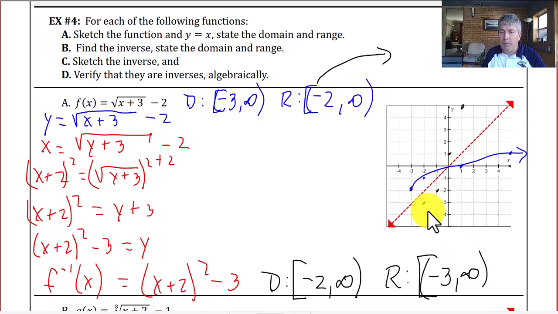So flipping my x and y coordinates, I'm only going to graph the right-hand half of this parabola. And so that's our restrictions on our domain and our range.